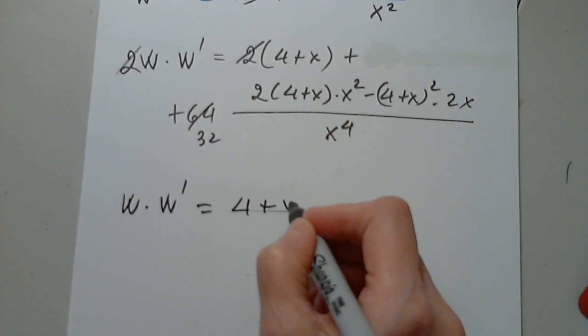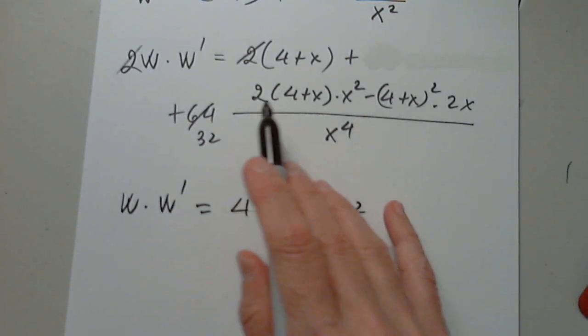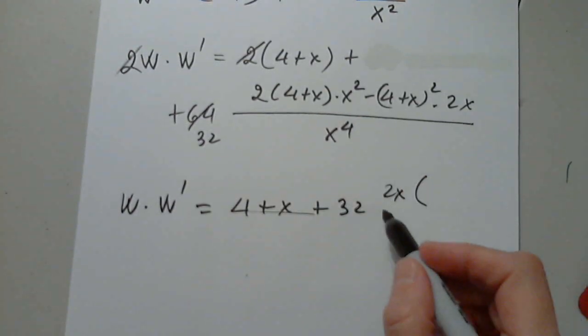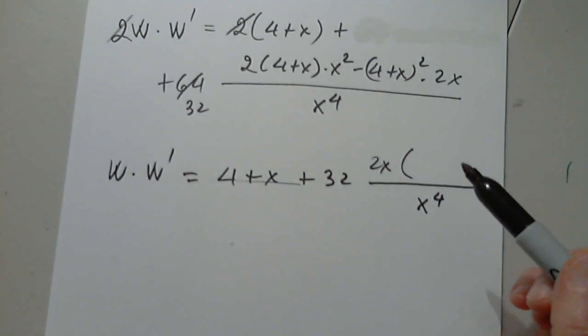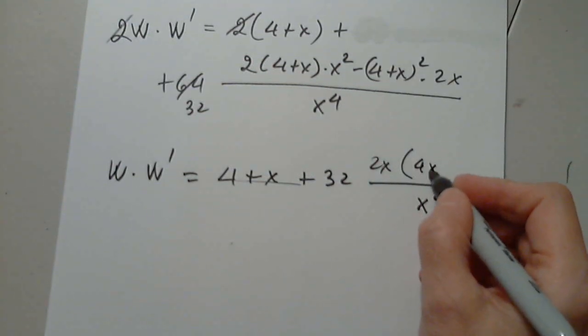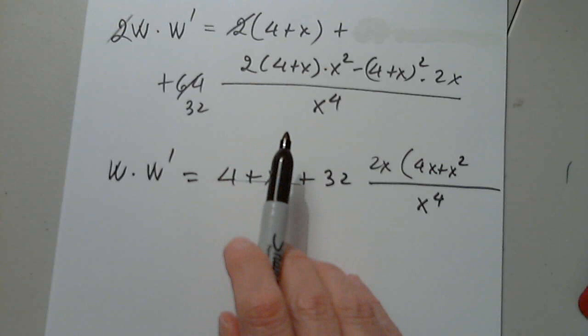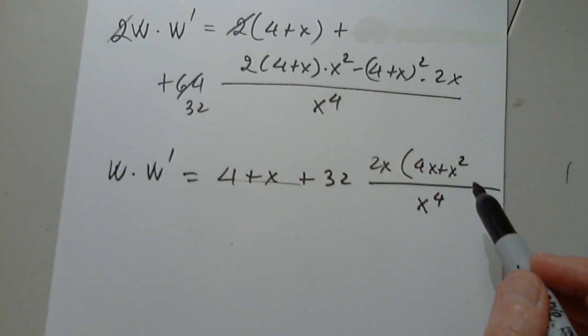So I have 4 plus x plus 32. I will factor out 2x. 2x times 4x plus x squared. 2x is out.